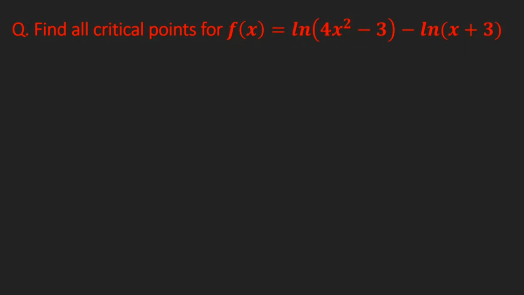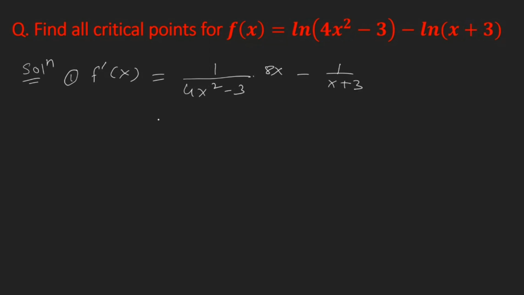Okay, find all critical points for f(x) equals ln(4x square minus 3) minus ln(x plus 3). Solution. First step, f dash x is equal to, we take the derivative, 8x over 4x square minus 3 minus 1 over x plus 3.